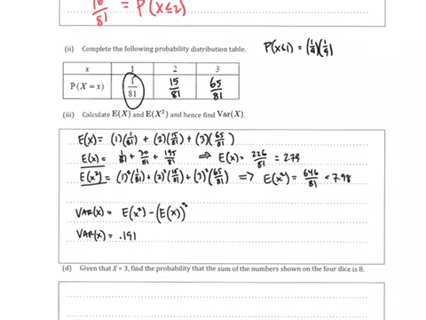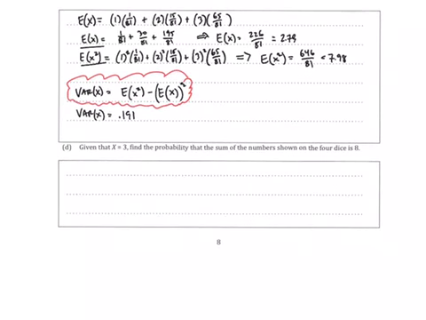Just to highlight, all three of these are really important, but this is a big one. This one shows up often. I know it's in your formula sheet, and you sometimes can become dependent on your formula sheet, but be aware of the applications of that.